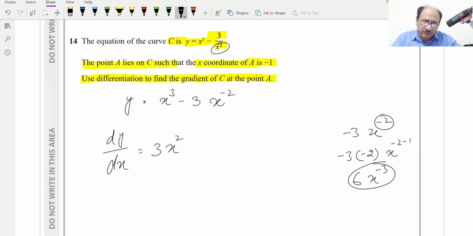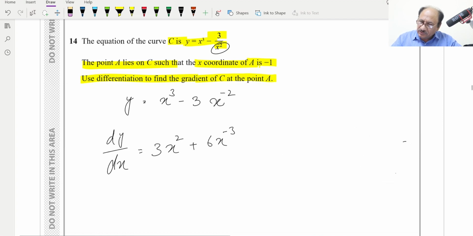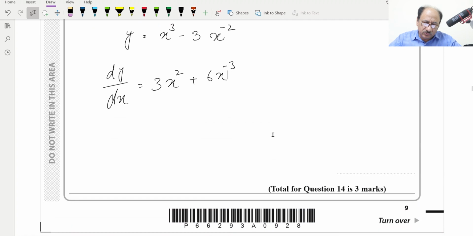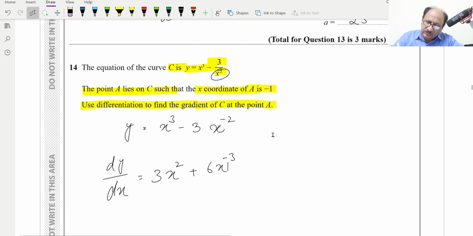This is the derivative, which I'm writing over here, plus 6x raised to the power -3. I'm just erasing the explanation part. Now this one is dy over dx. They are saying dy by dx at x is equal to -1.